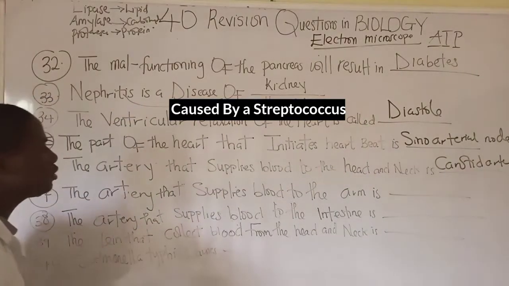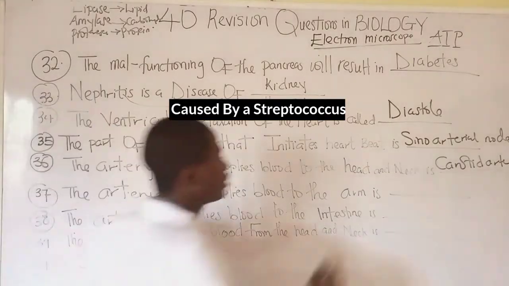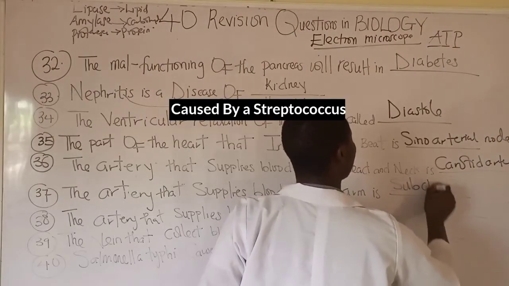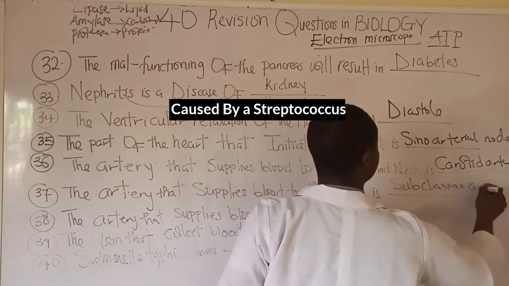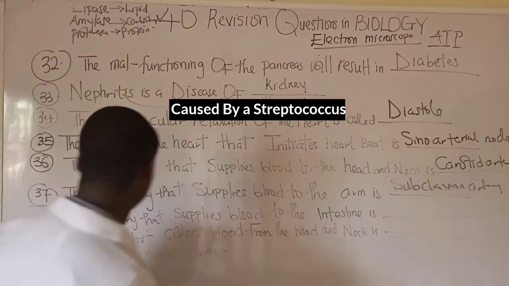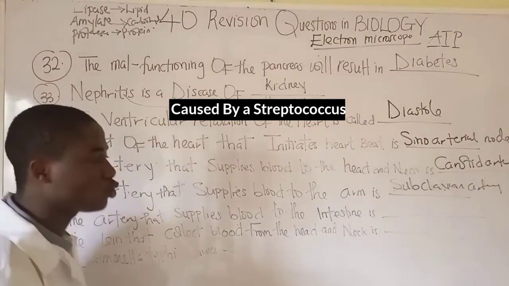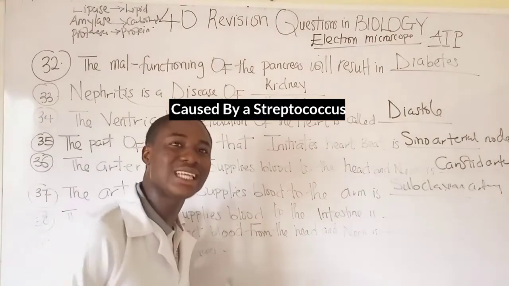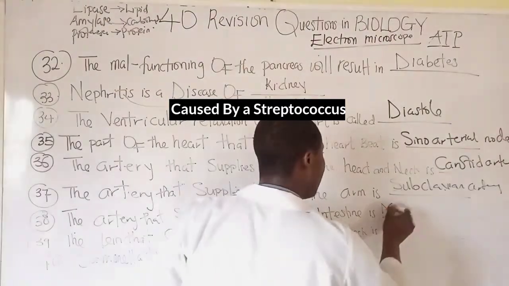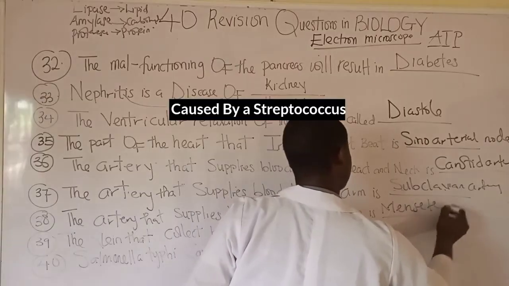Next question. The artery that supplies blood to the arm is called the subclavian artery. Next question. The artery that supplies blood to the intestine is called the mesenteric artery. Okay, it's called the mesenteric artery.